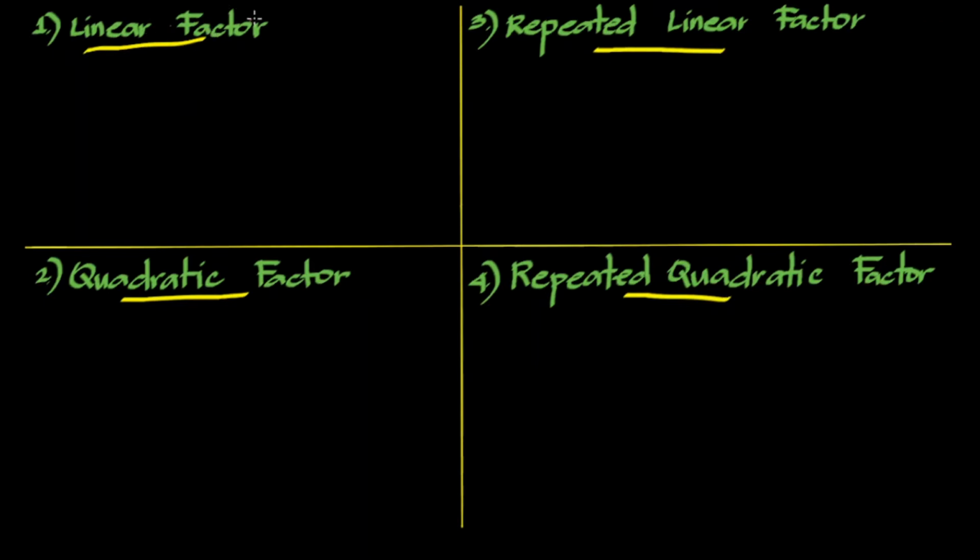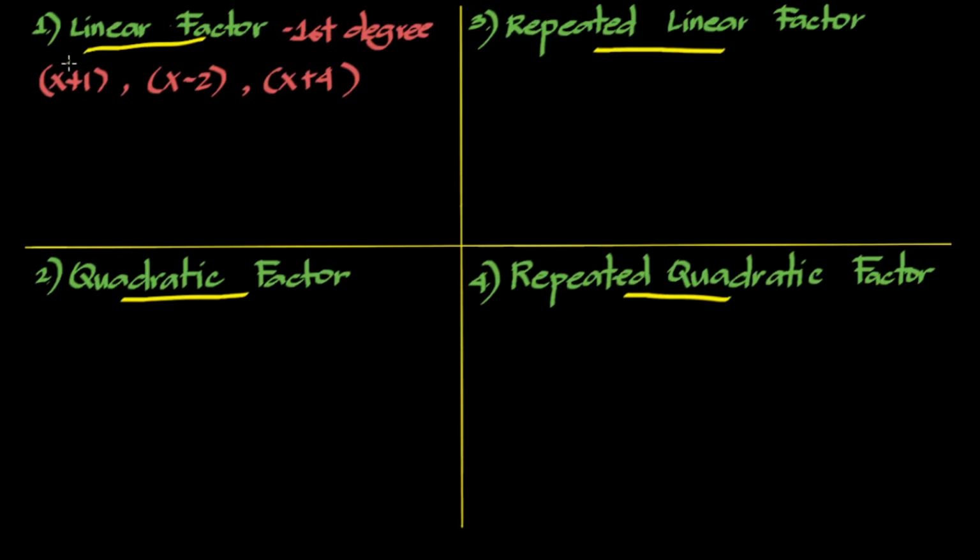For linear factor, ano lang to, nasa first degree lang siya. First degree. For example, we have x plus 1, pwede din x minus 2, or x plus 4, and so on.